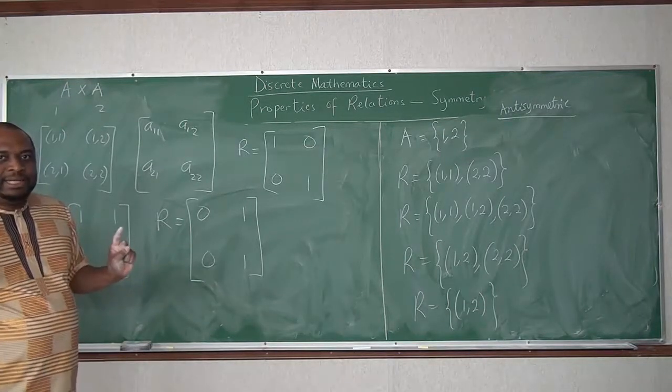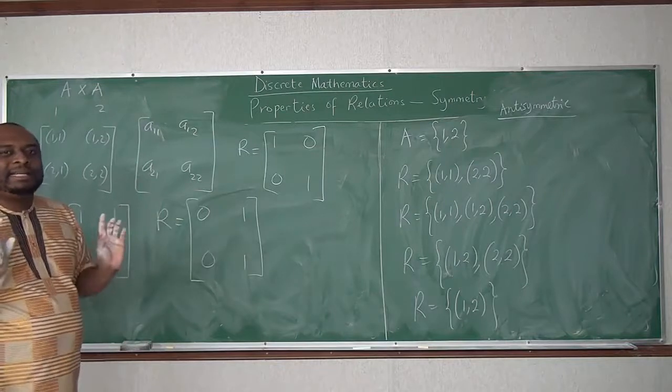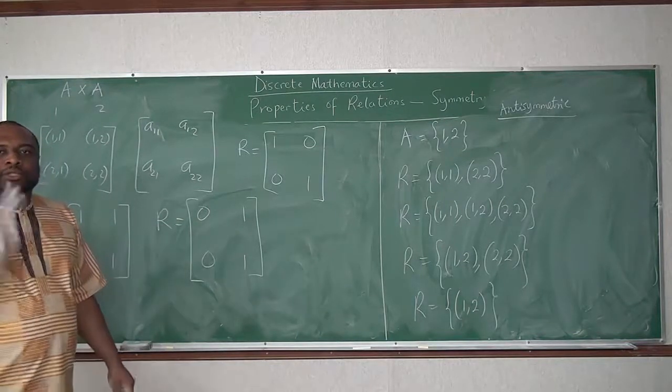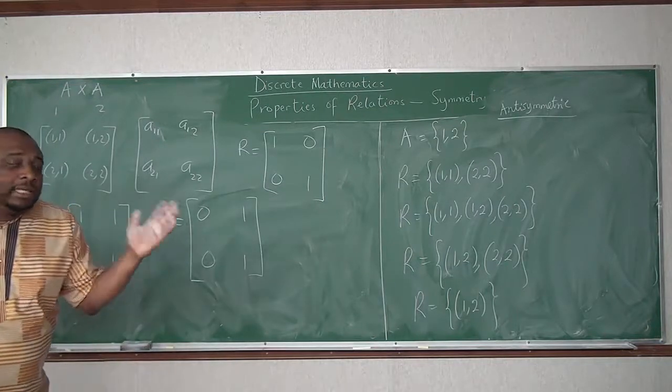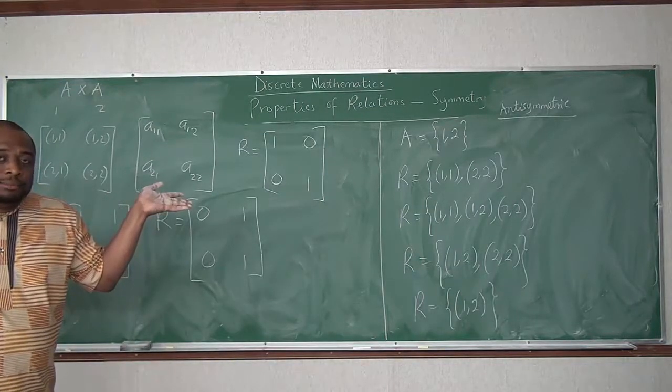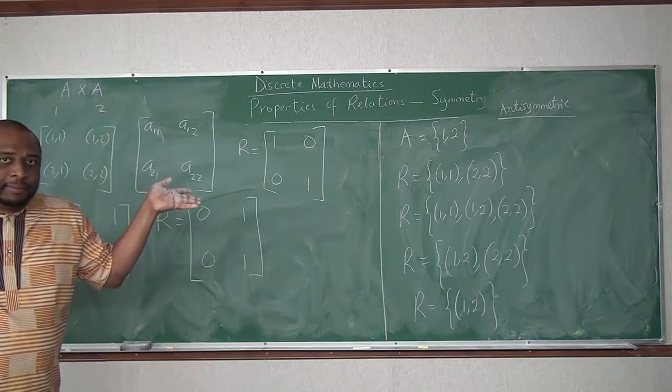That is with antisymmetric. If you must have anything at the same time, it should be 1, 1, 2, 2, 3, 3, 4, 4. But even if you don't have it, no problem.